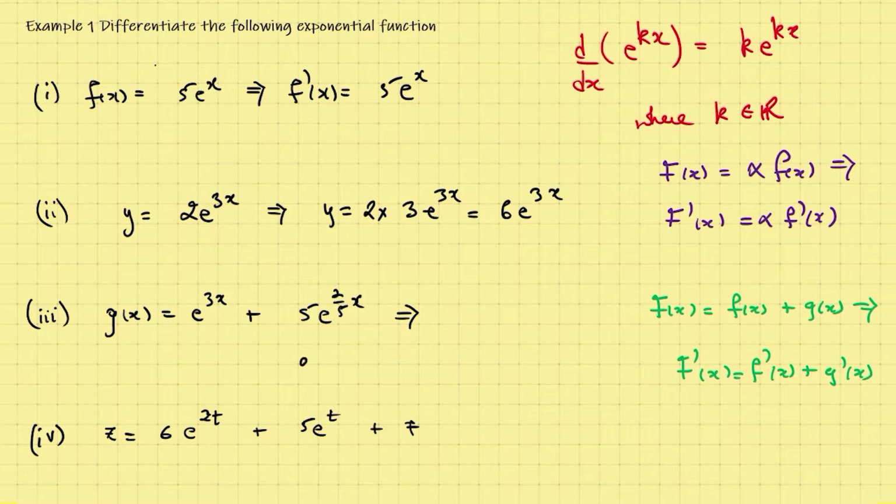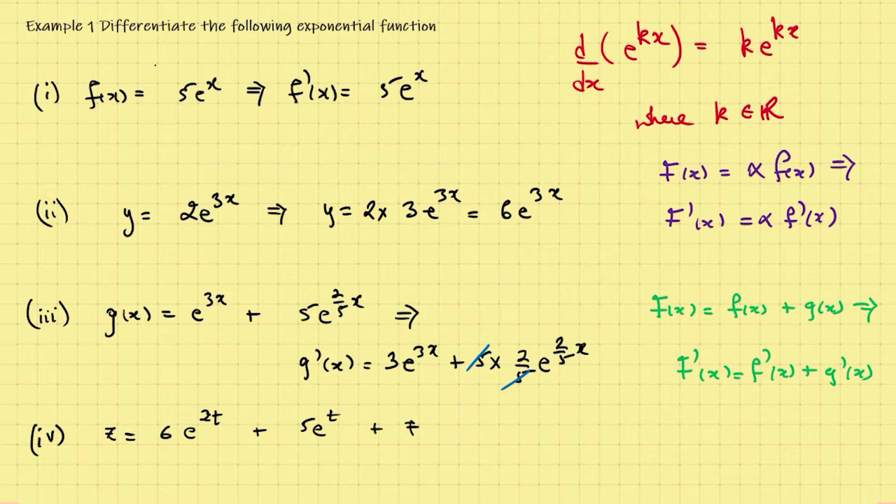So when I differentiate my g, I'm going to get 3e to the 3x and 5 times 2/5 e to the 2/5 x. This can be tidied up because the fives are going to cancel. So the result is just 3e to the 3x plus 2e to the 2/5 x.